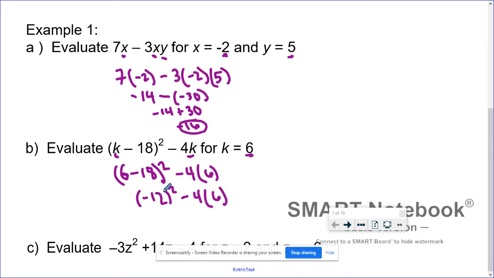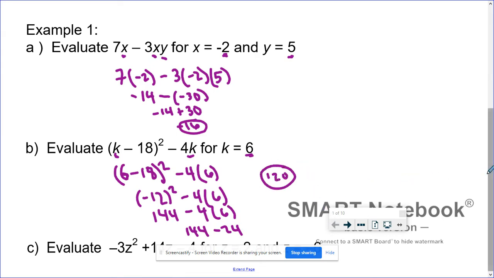Then it would have you do exponents. So -12 squared is 144. Then you would do multiplication before the subtraction. So 4 times 6 is 24. And you end up with 120.